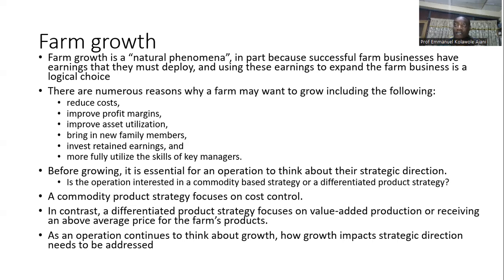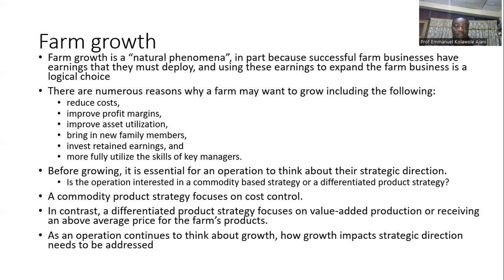And like I mentioned in the last class, before you think of growing, it is essential for an operation to think about their strategic direction. It is the strategic direction that will influence the growth.